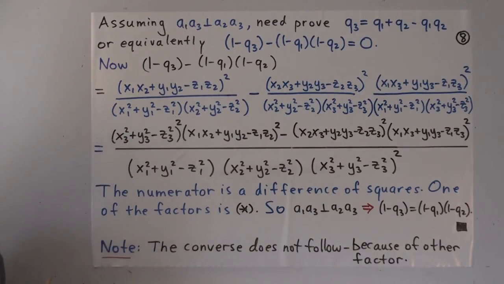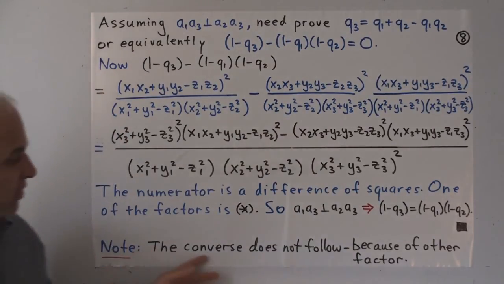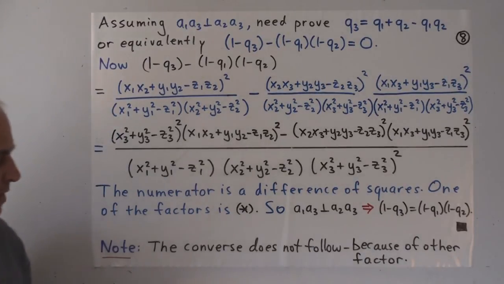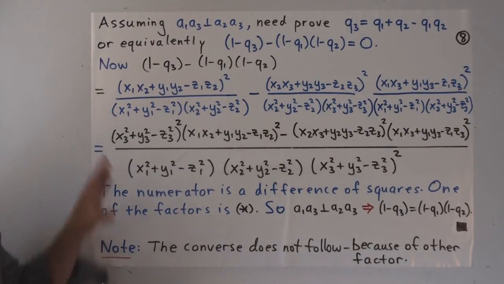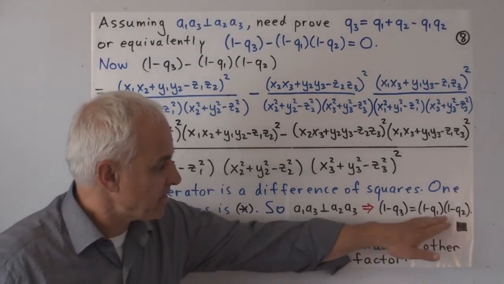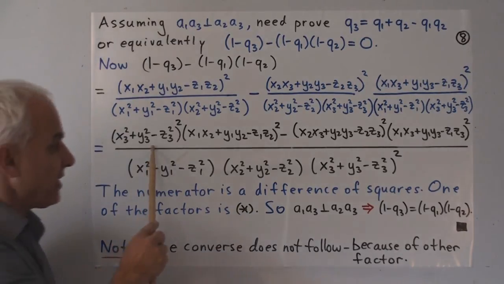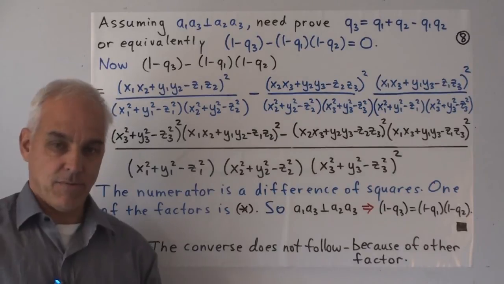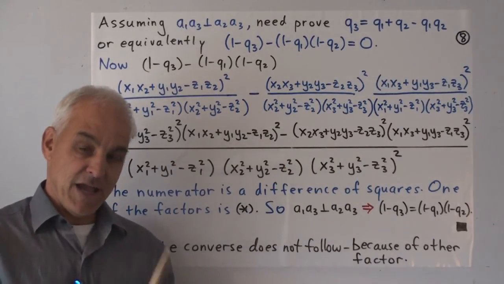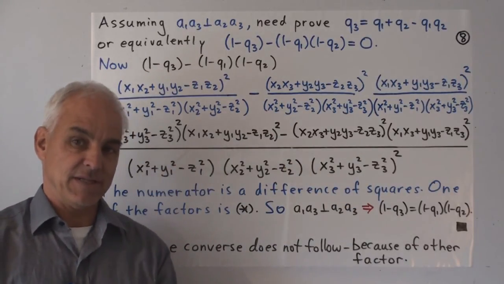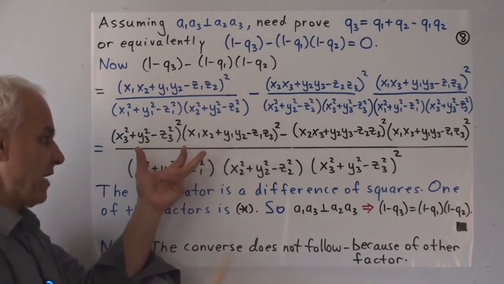There's one more thing to say about this, which is very important. The converse does not follow. So it's not true that from the argument we can say that if this is satisfied, then the lines are perpendicular, because it could be that the second factor, when we factor this difference of squares, is 0. Right? You have a product, one factor times another factor.